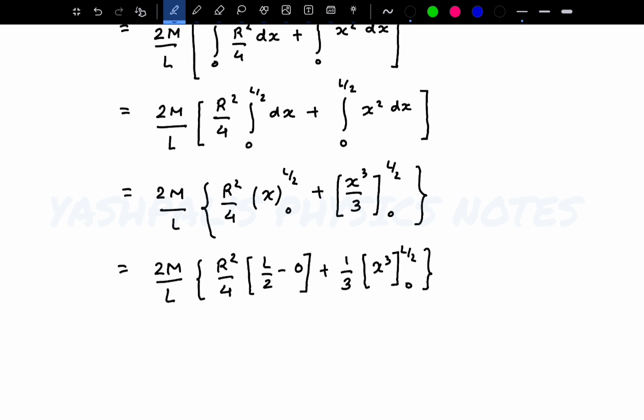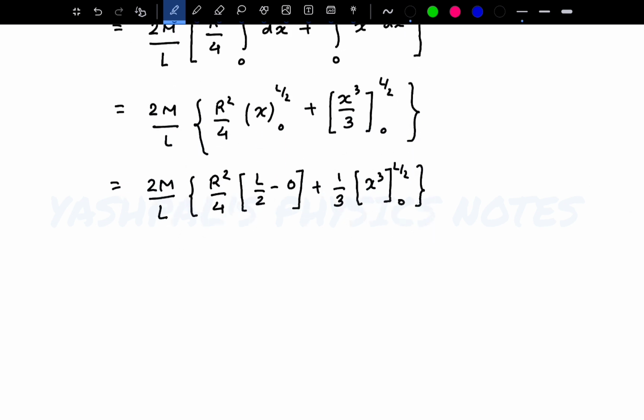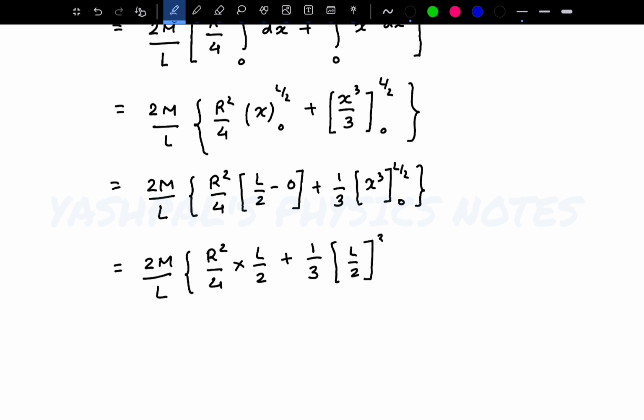Curly bracket close. Now in the next step I can write here twice m by L and here curly bracket R square upon 4 into L by 2 plus 1 by 3. Now here I can write L by 2 whole cube minus 0.